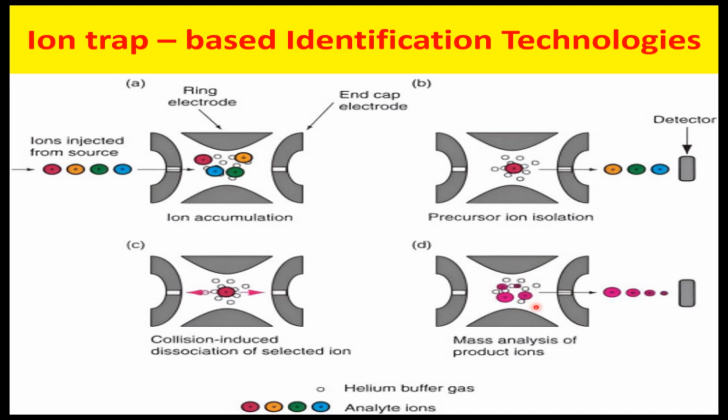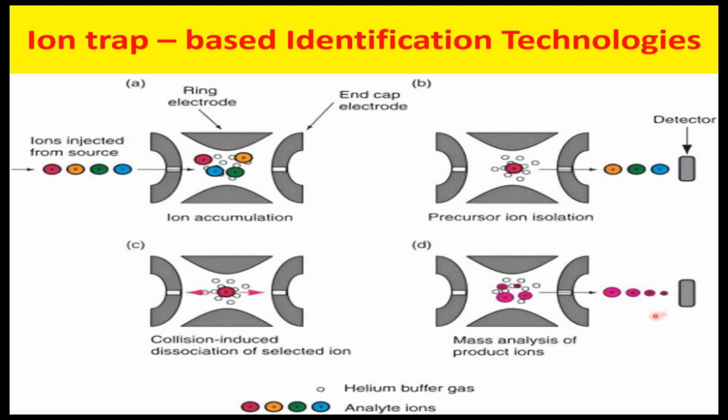They are dispersed into small pieces. These small pieces of ions, fragmented ions, are made incident onto the detector based on mass charge ratio and charge intensity.